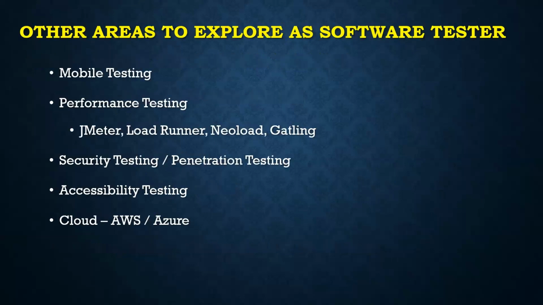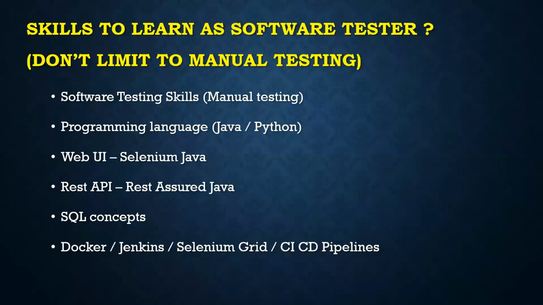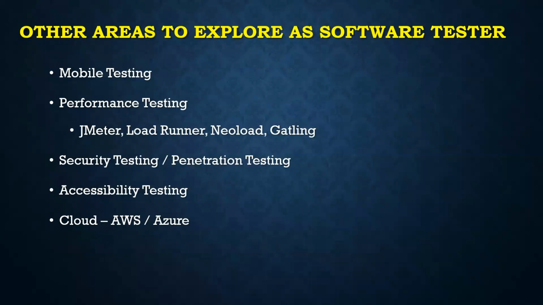And apart from whatever I put in the previous slide, there are more areas you can explore if you are already proficient in them. Like mobile testing, we can do using Android applications or iOS. Manual testing we can do. Automation is also possible with different tools and technologies using Appium, or any other cloud providers are also providing mobile testing frameworks.